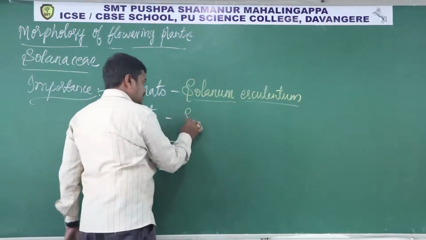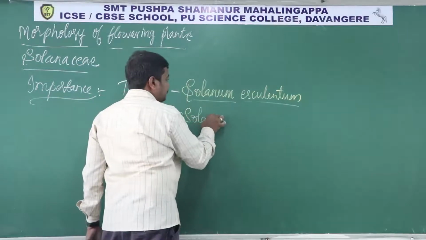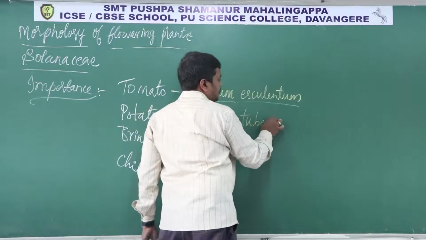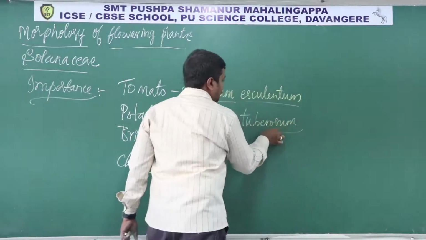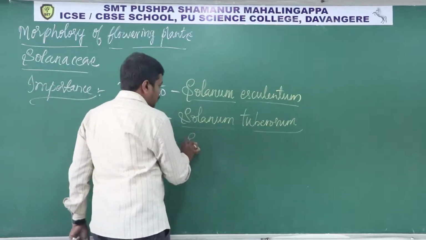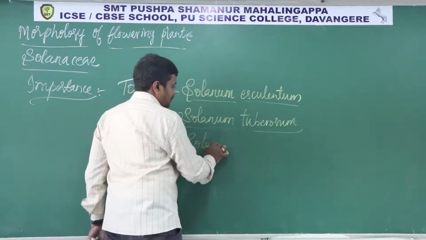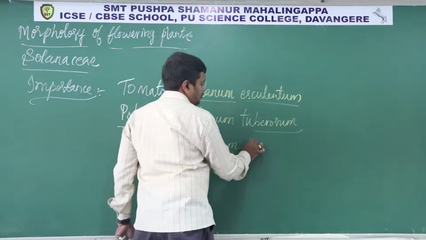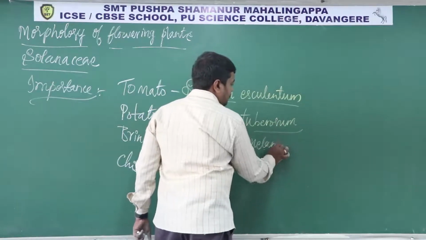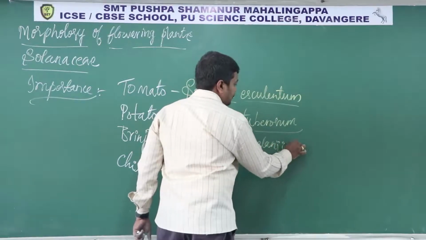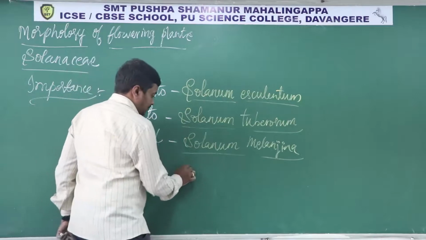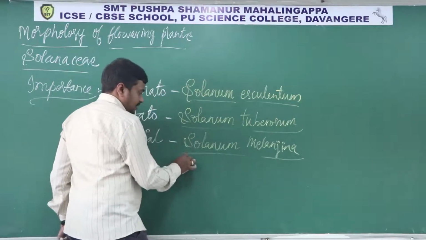Potato, the genus is the same, Solanum tuberosum. Solanum tuberosum. Then brinjal, Solanum melongena.